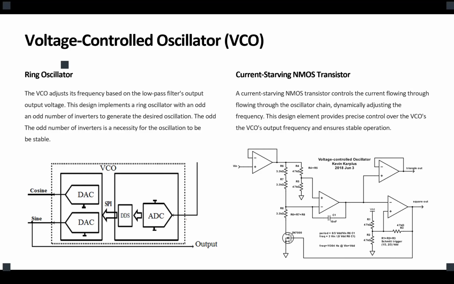Using the schematic, it would create an oscillation in the output, creating a sinusoidal voltage with the same frequency that your PLL detects at your output.